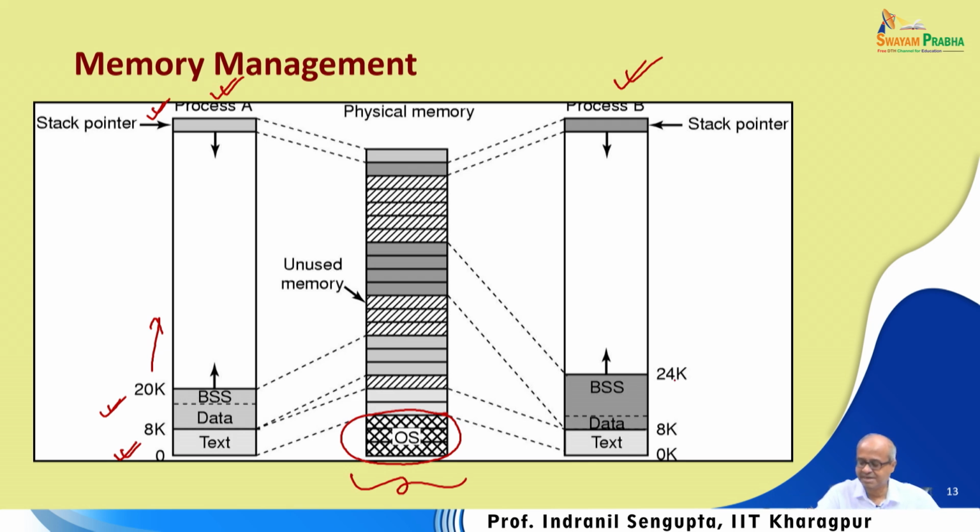For example, this data and BSS part is allocated space here. Similarly, this data part is allocated space here, and they will be mapped to multiple pages. This is how mapping is done, and there will be a page table in the middle, as you already know, we discussed it. They will take care of the mapping.